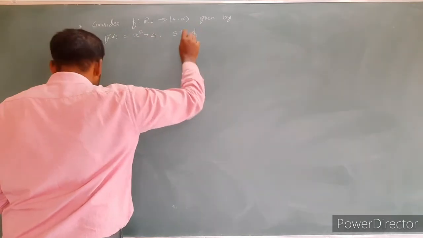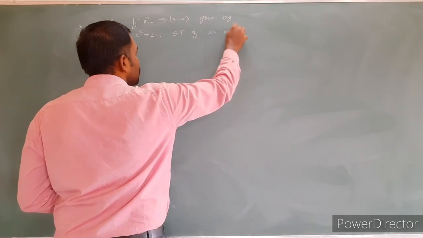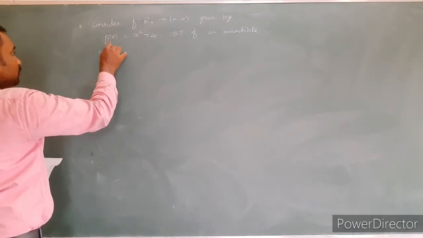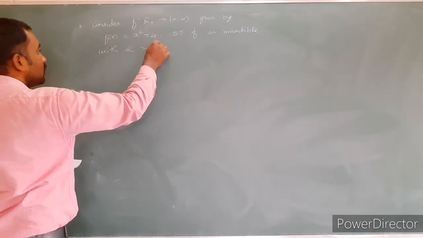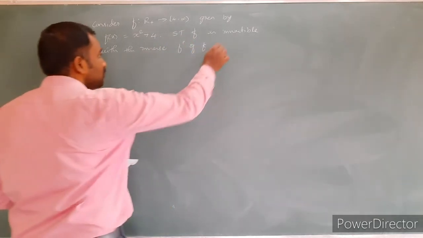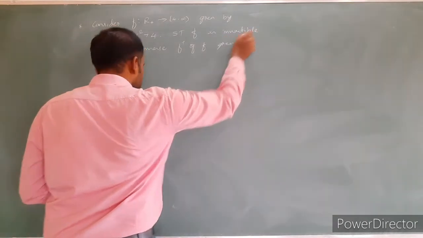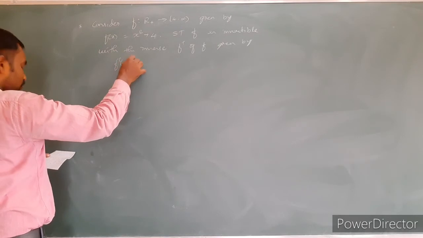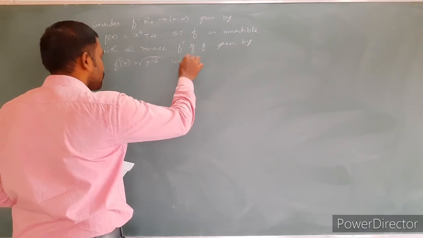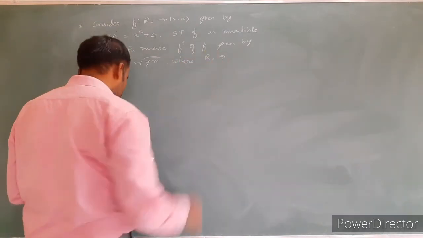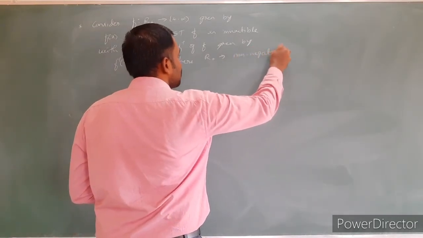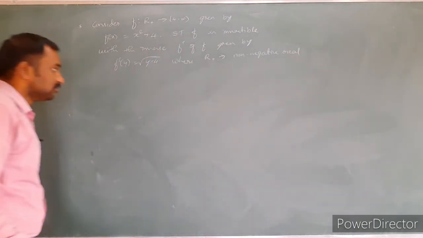Show that f is invertible with the inverse f inverse of y given by f inverse of y is equal to root of y minus 4, where R plus is the set of all non-negative real numbers.